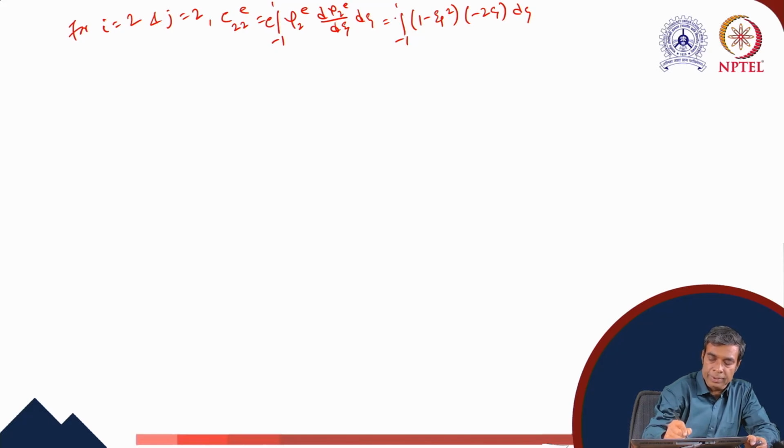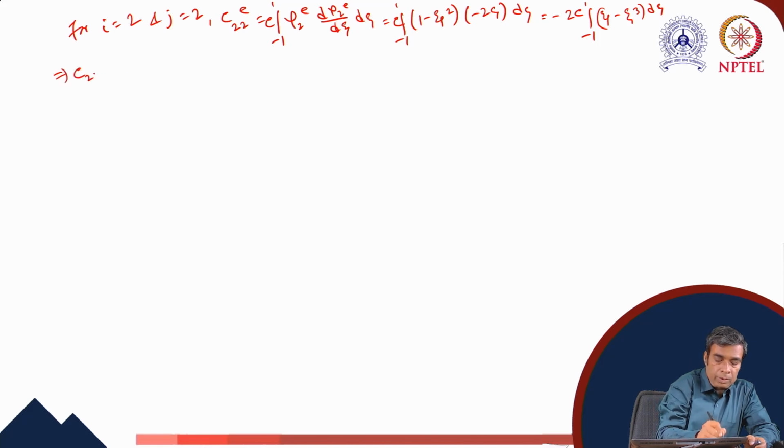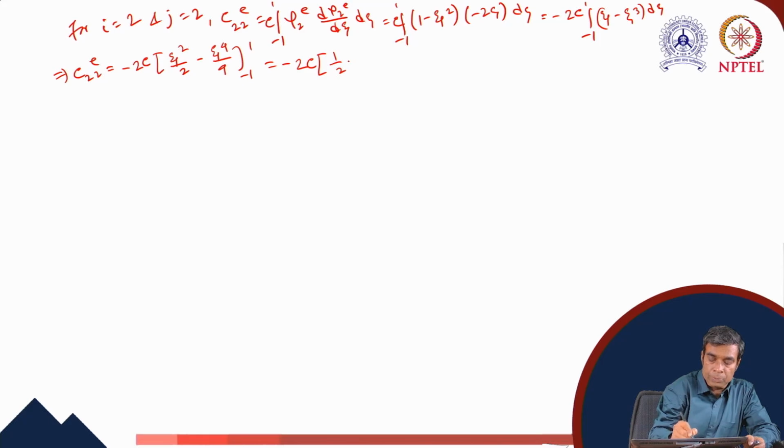Here c is outside, so we shall get from here minus 2c integration from -1 to 1 of (xi minus xi cube) d xi, equals minus 2c into [xi square by 2 minus xi to the power 4 by 4] from -1 to 1, equals minus 2c into (half minus 1/4 minus half minus 1/4).